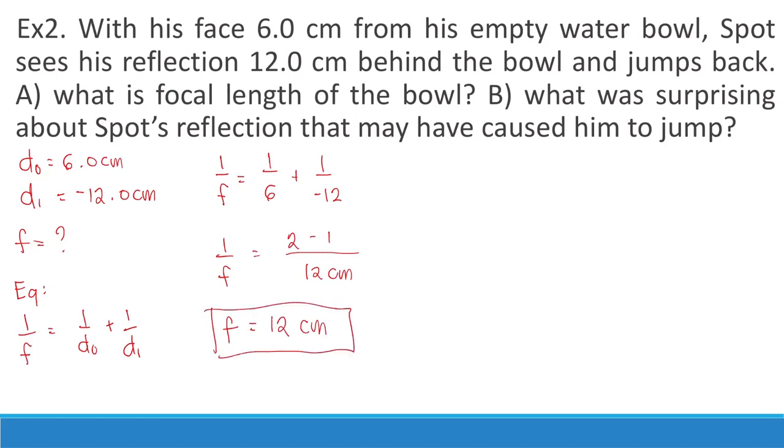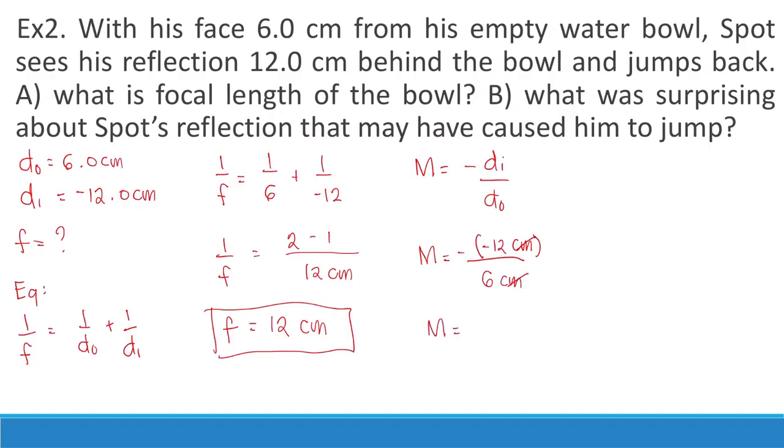Now, to identify why the dog Spot jumps up, we use the equation for magnification, where m is equal to negative dI over dO. Here, we have the magnification equal to minus negative 12 centimeters divided by 6 centimeters. Let's cancel out.